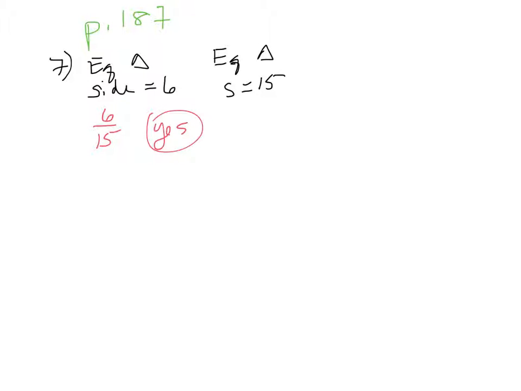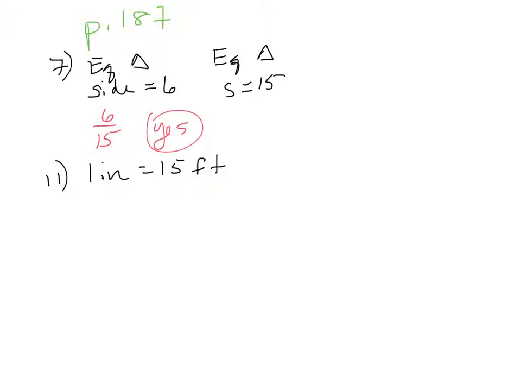Then I want you to turn the page, and let's look at number 11. So it says an architect is making a scale drawing of a building. She uses the scale 1 inch is equal to 15 feet. Isn't that just like the bridge one that we were doing?